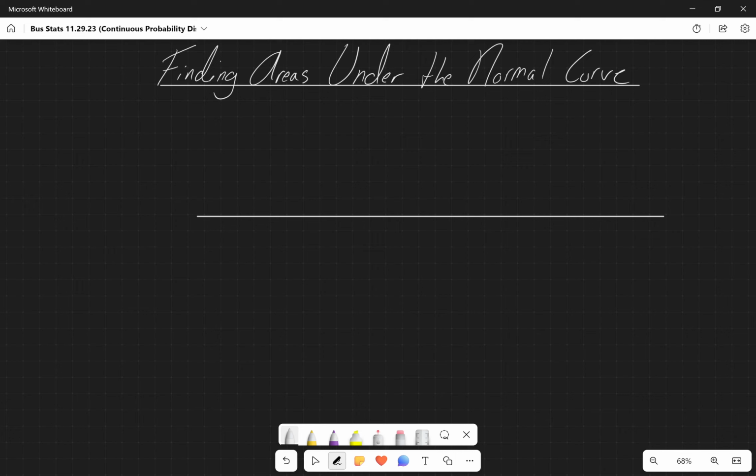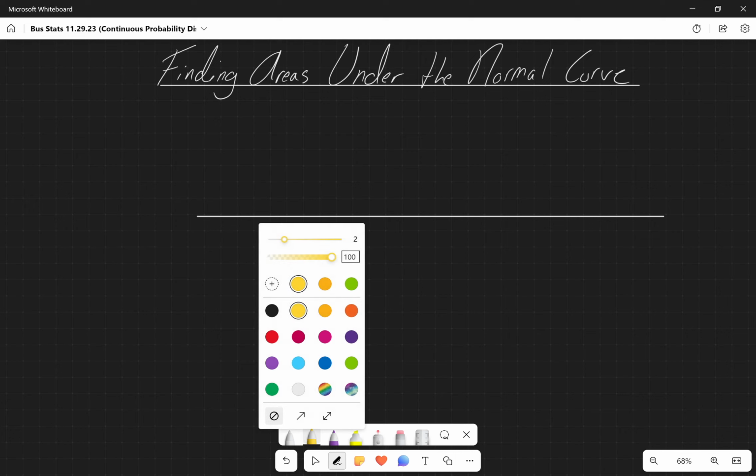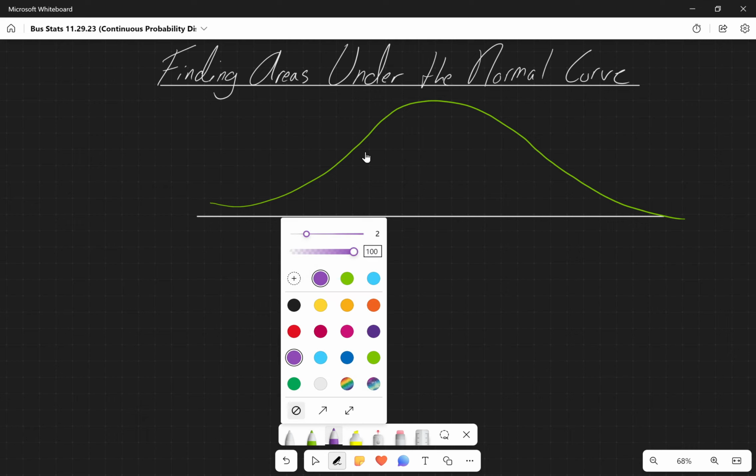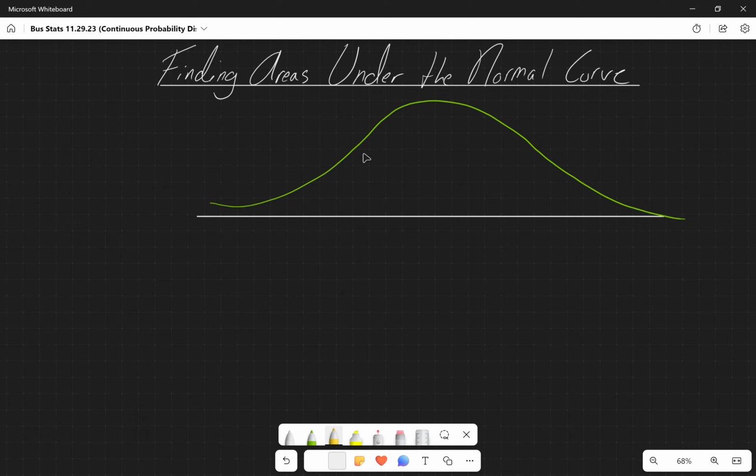We're told the average of this normal curve is 1,000, and that there's a standard deviation of 100. And we're asked about finding the probability of drivers earning different amounts of money.